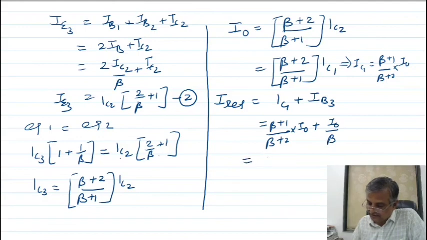So I can write beta square plus beta plus 2 upon beta square plus 2 beta into I0.